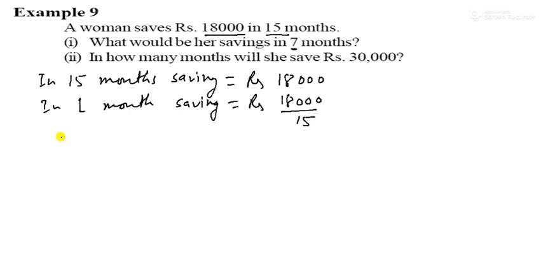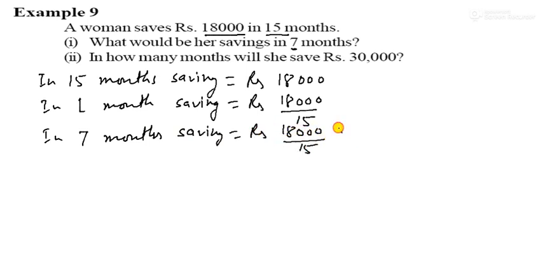Now come to 7 months. So in 7 months, saving is equal to rupees 18,000 divided by 15 into 7. Now 5 threes are 15 and 5 sixes are 30 and double 0.